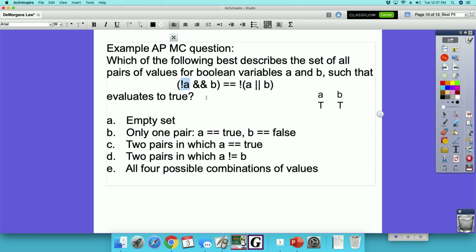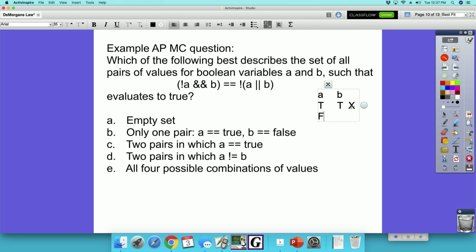So in this case, do we have false equal false? So this guy is a winner. So he's good. We're going to put an X next to this guy because he's good.